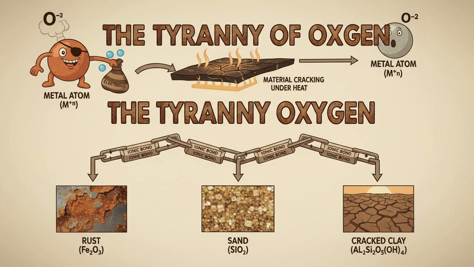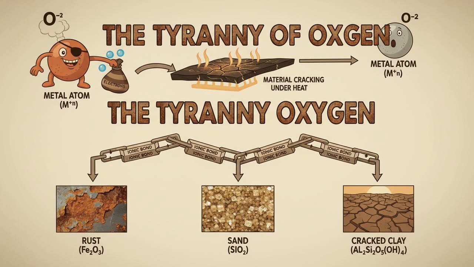This bonding stabilizes materials into familiar forms, but these forms come with a major downside. They are held together largely by ionic bonds. In an ionic bond, oxygen acts like a thief. Being highly electronegative, it steals electrons from metals, creating an electrostatic attraction. While this bond is strong, it is rigid and brittle.